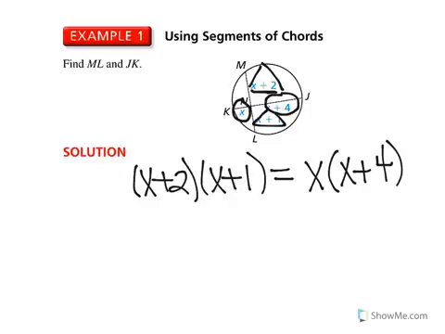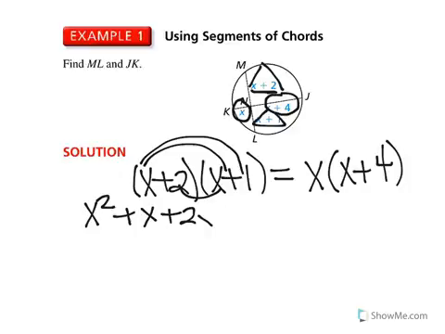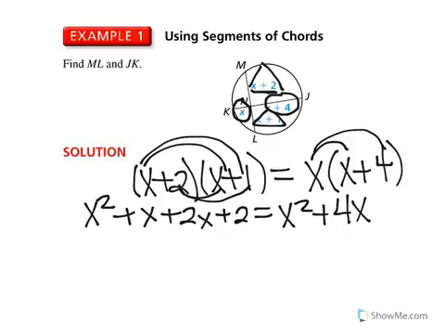So to solve this, you have to FOIL. First, which is x squared, outer plus x, inner is 2x, and our last terms is plus 2, is equal to, and then we're going to distribute this x. We get x squared plus 4x, and then we're going to get x's on one side and our numbers on the other.